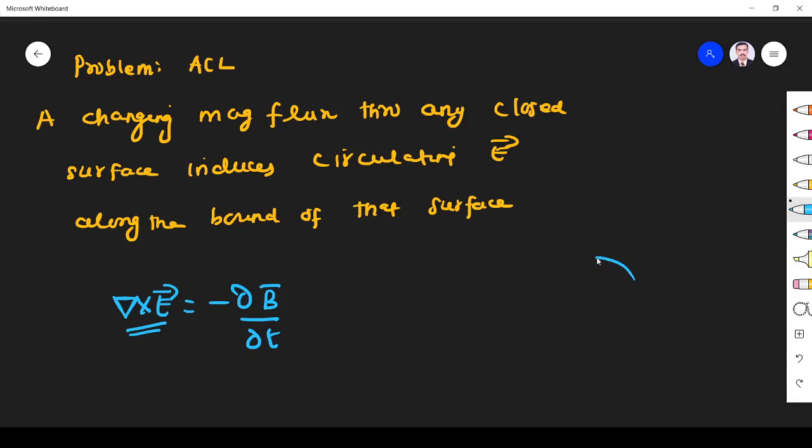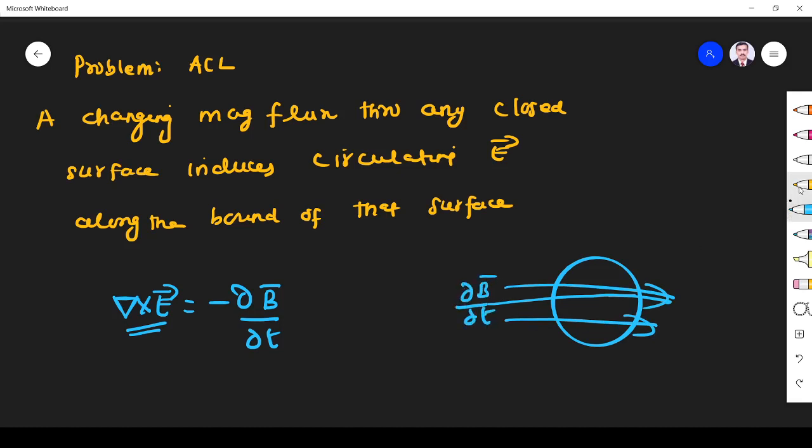That means when you are having a boundary like this, and field lines are passing through it, the flux is changing. If this changes, dou B by dou t changes. What happens? It produces a circulating electric field, del cross E. This is what Faraday's law tells, right?